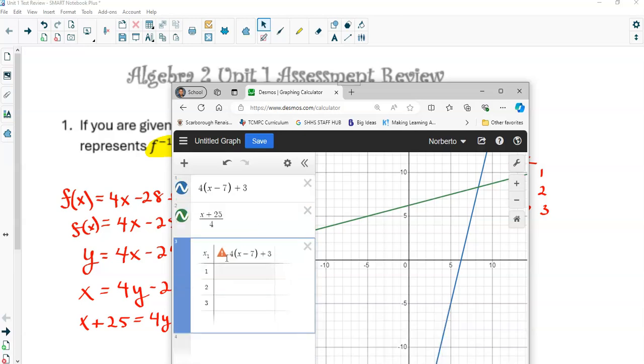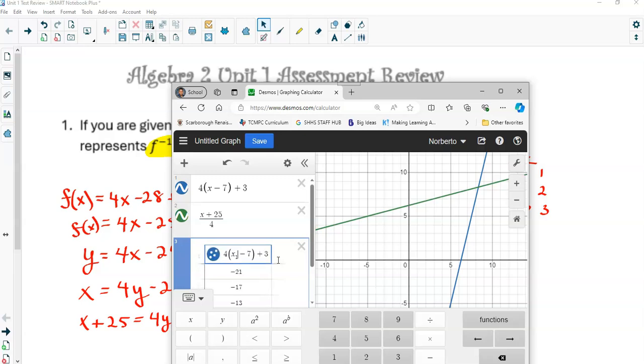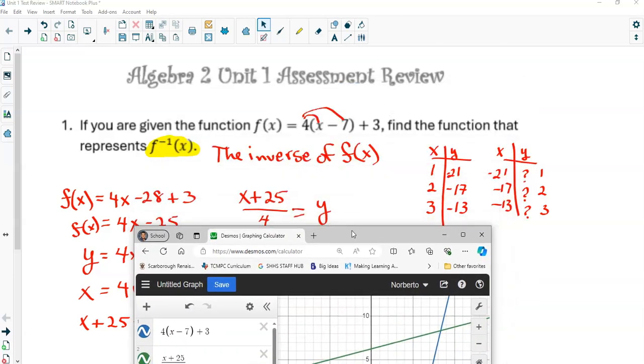This is x sub 1, and there is a 1 under it. So I go to that x and put 1, and notice what happens. It gives me the values negative 21, negative 17, negative 13, which is what I had here.